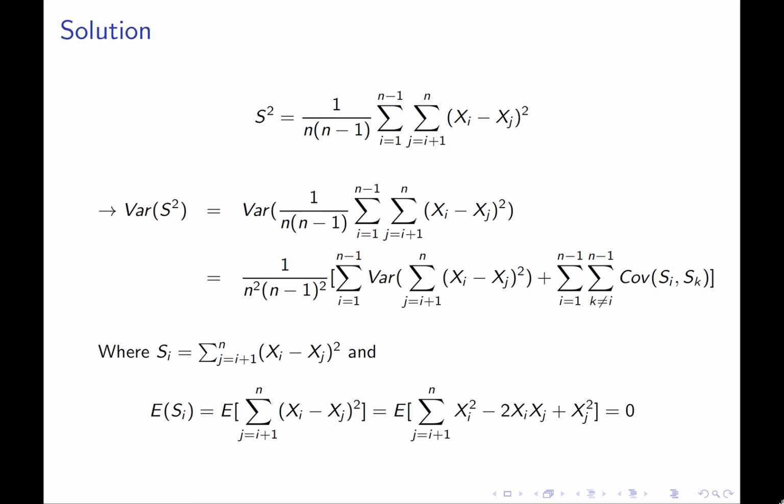Also, I've set S_i equal to the sums within the variance. Also, another property that comes in handy is that the expected value of our sums is actually equal to 0, which you can see a little proof over here.